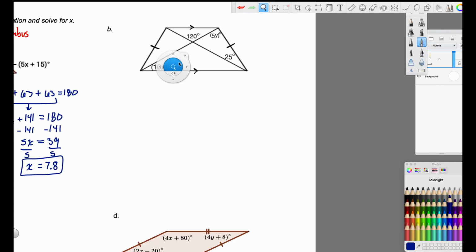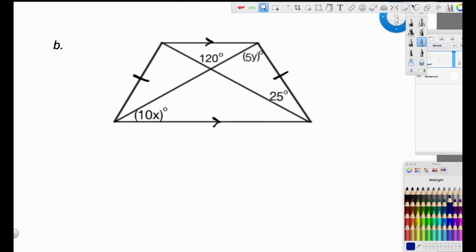All right. Okay, so here we see these two sides are parallel. So this tells us we have a trapezoid, and these sides are congruent. So this is an isosceles trapezoid.